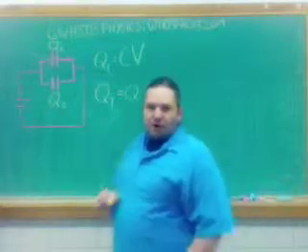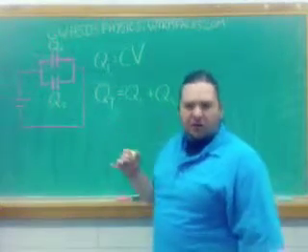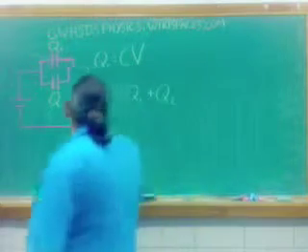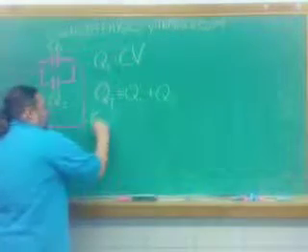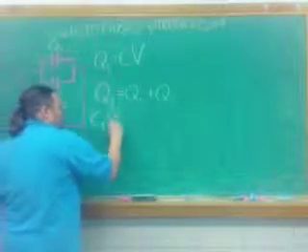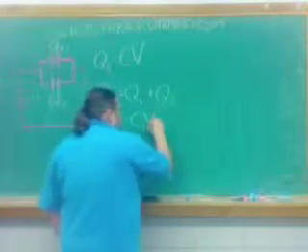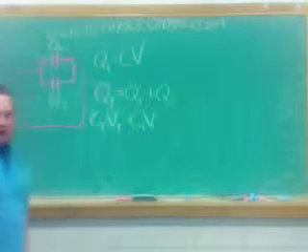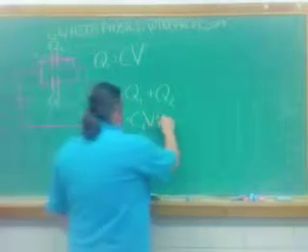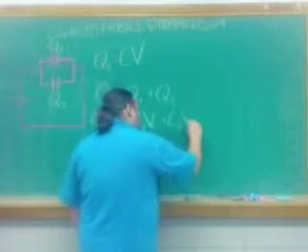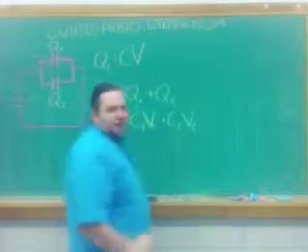So that means capacitance total times voltage total is equal to the capacitance of 1 times the voltage across that capacitor plus the capacitance of 2 times the voltage across that capacitor.